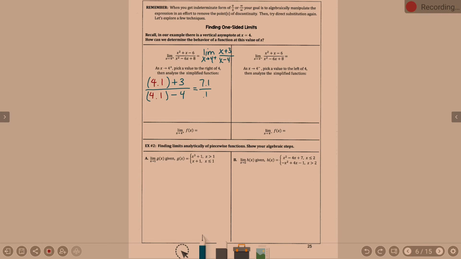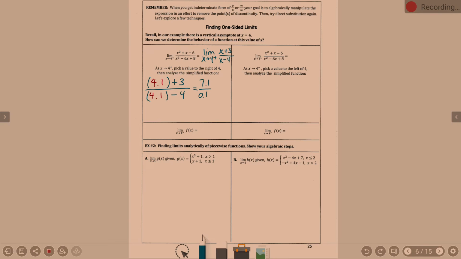What happens as you divide something like 7.1 by 0.1? You get 71. So the idea is it moves the decimal over, right? And you get a bigger number. 71 in terms of this problem is pretty big, isn't it?